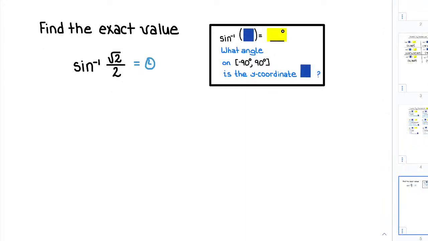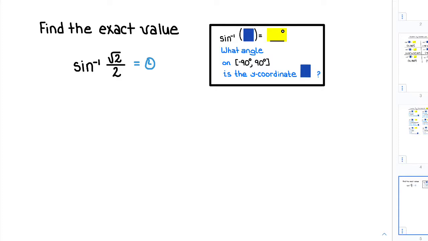To find the answer to inverse sine of root 2 over 2, we want to ask ourselves what angle from negative 90 degrees to 90 degrees is the y-coordinate, in this case, root 2 over 2.